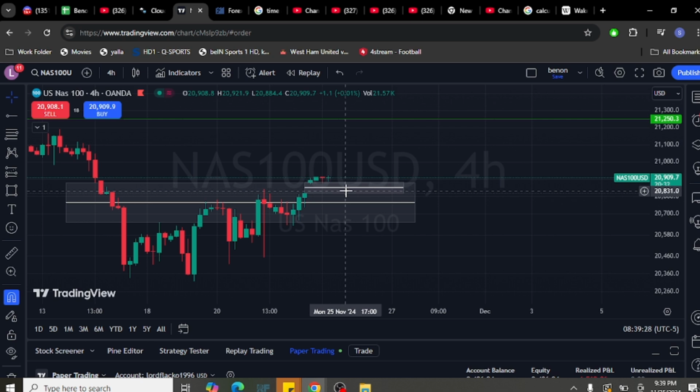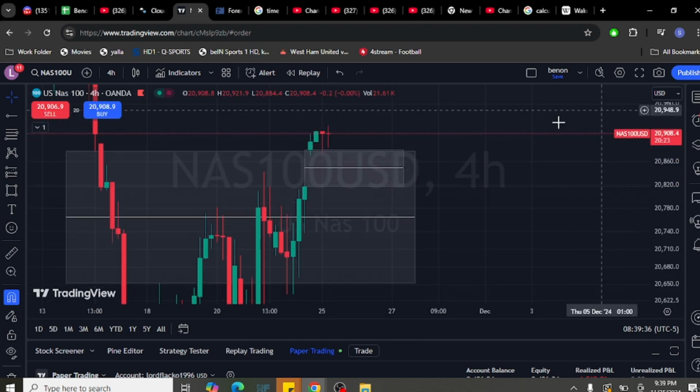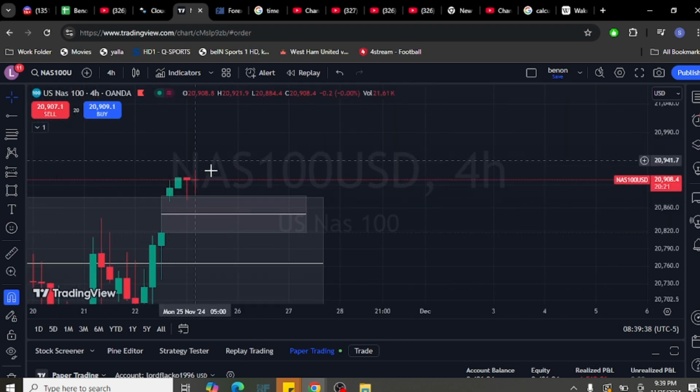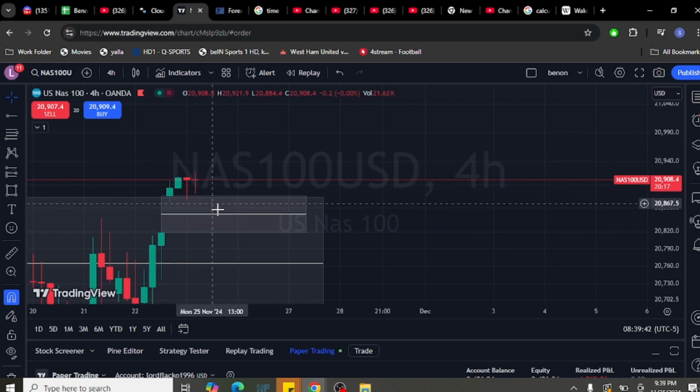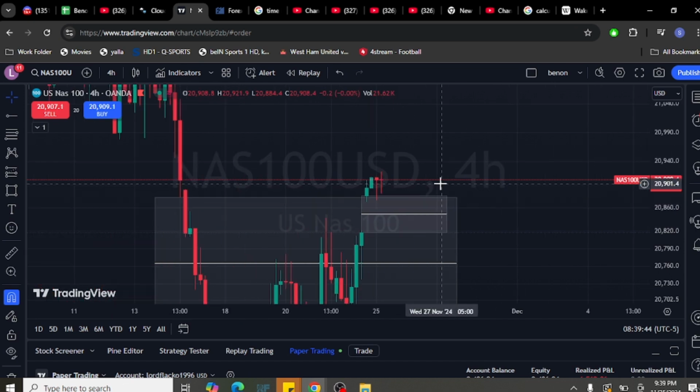Probably this coming session, but if not, you'll probably test it along this week. It has to be, about 70% of the time, filled at least 50% of the gap.